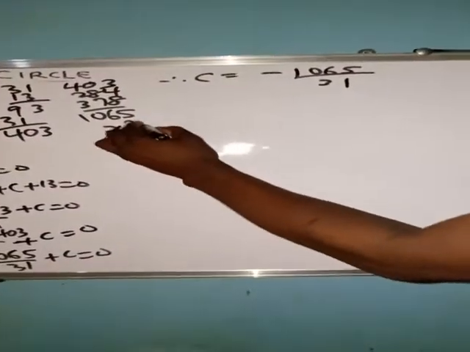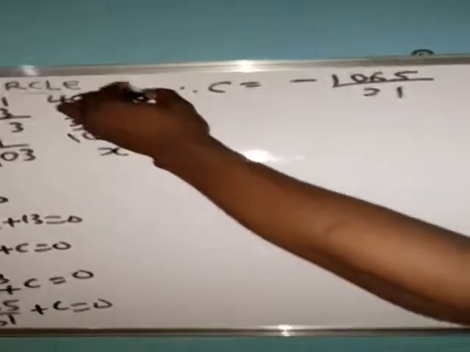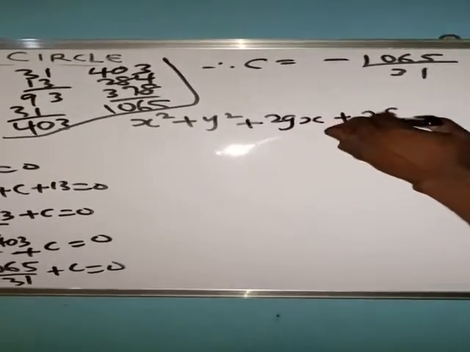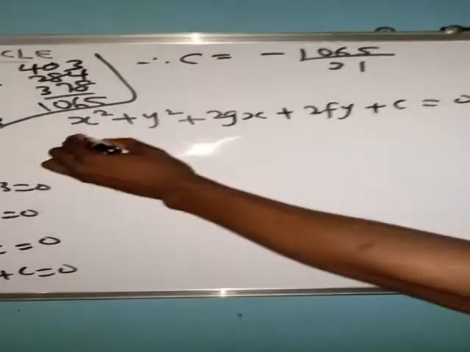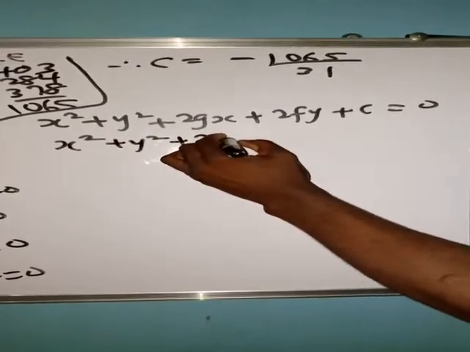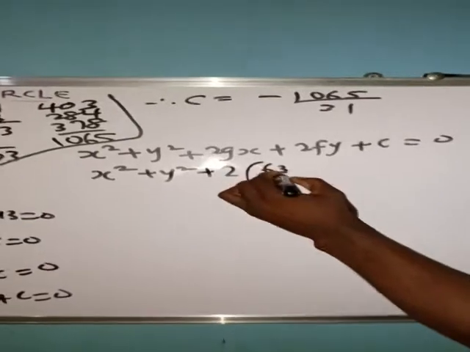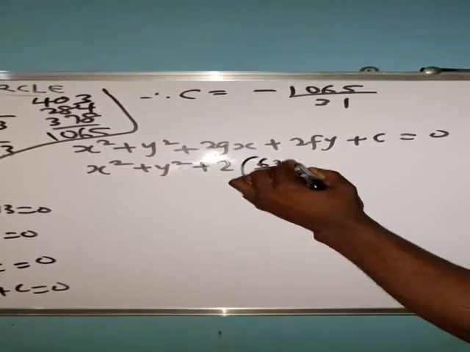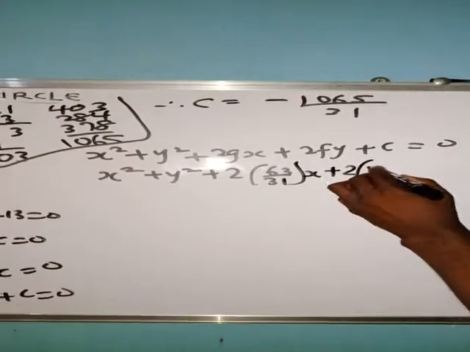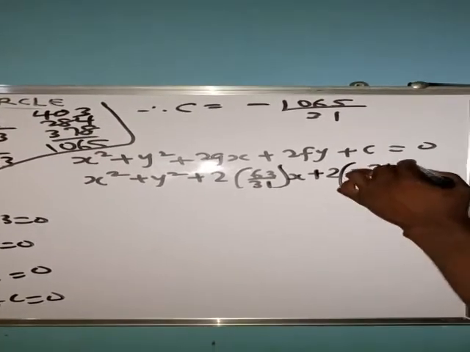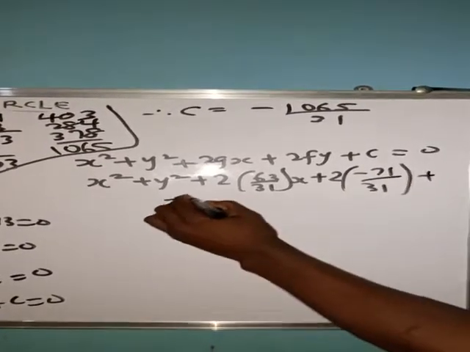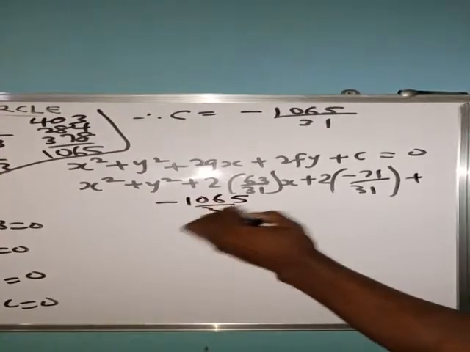The equation of a circle is x squared plus y squared plus 2gx plus 2fy plus c is 0. So x squared plus y squared plus 2g, which is 63 over 31, times x, plus 2f, which is minus 71 over 31, times y, plus c, which is minus 1065 over 31, is equal to 0.